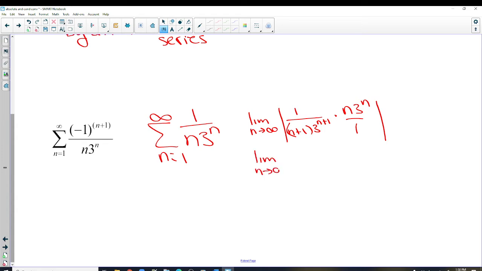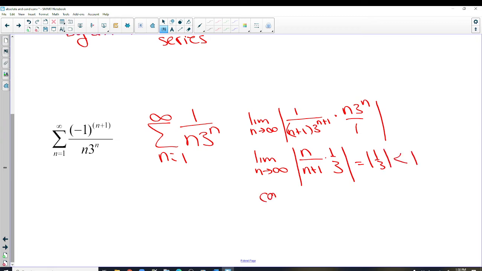Limit as n approaches infinity of, let's see, we have an extra 3 on the bottom. So n over n plus 1 times 1/3. That ends up being the absolute value of 1/3, which is less than 1.